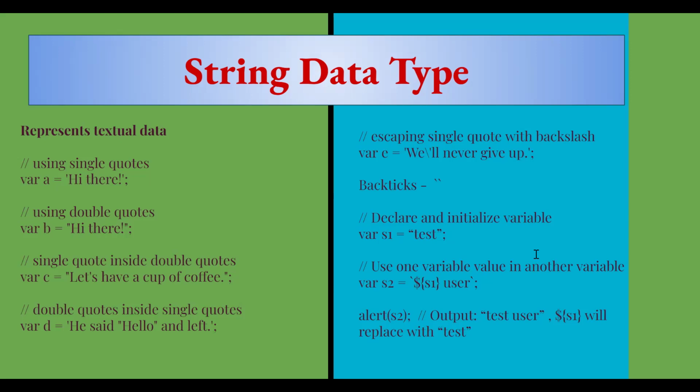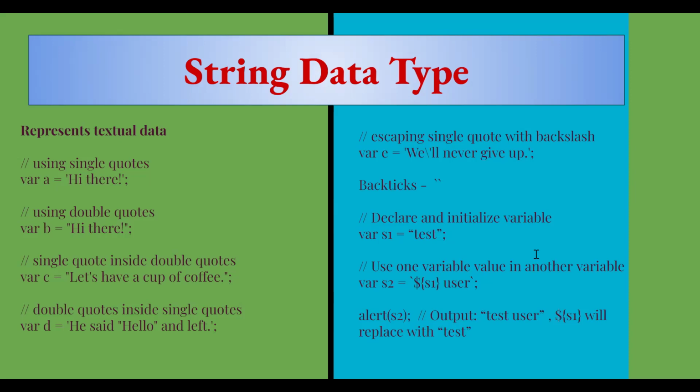Another example of a string variable is, suppose you created one variable as s1 and you want to use the value of s1 in another variable. You can call one variable in the string of another variable using backticks. Backticks are generally used when you need to include variables in a string.